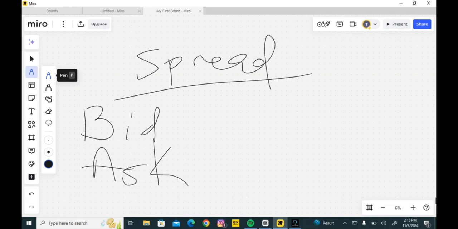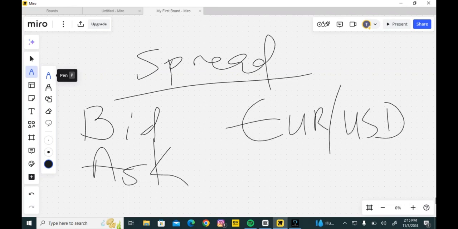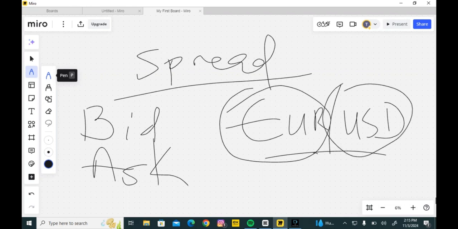In the first section, I explained currency pairs, and I said, for instance, Euro USD. In this pair, the first is the base currency, and the second is the quote currency.